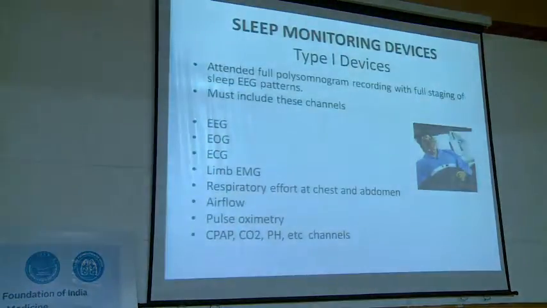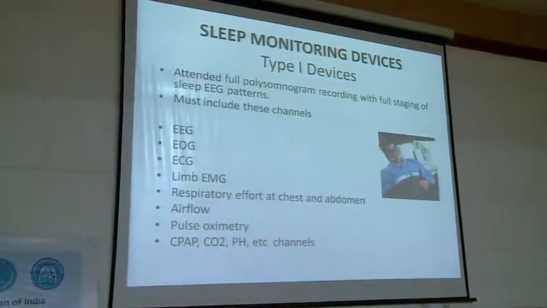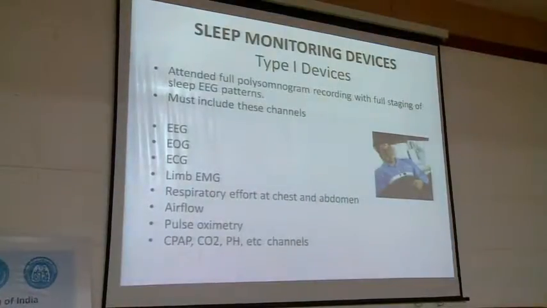But at least 7 channels are needed, like EEG, EOG, ECG, limb EMG, respiratory efforts, airflow, pulse oximetry. Then you can do CPAP titrations, sometimes transcutaneous carbon dioxide measurements. Even pH you can monitor with esophageal monitoring.